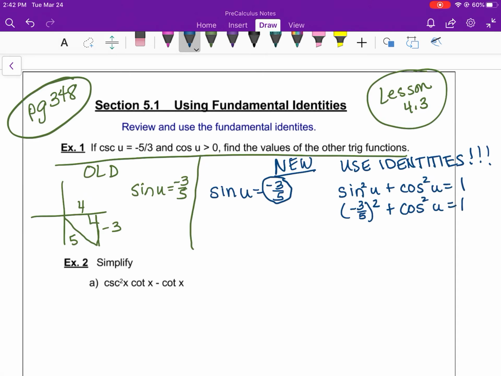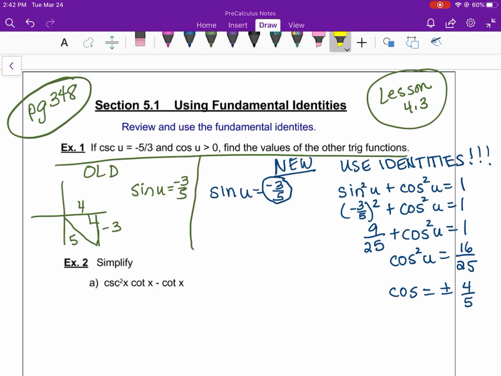I'm going to solve for cosine of u. When I take the square root, I get a plus or minus 4/5.